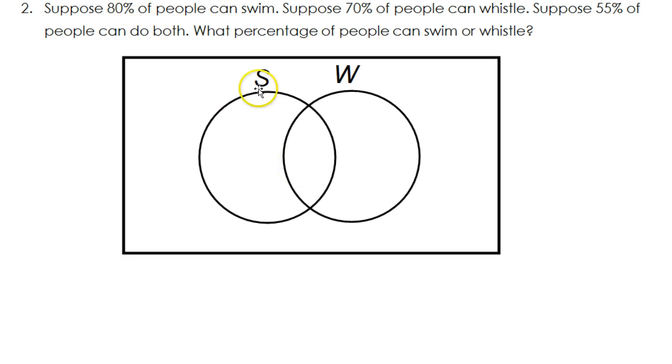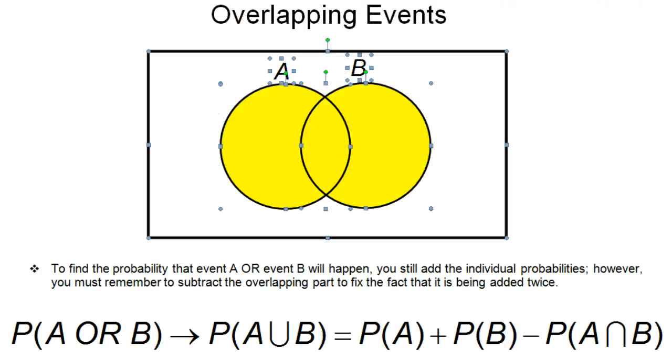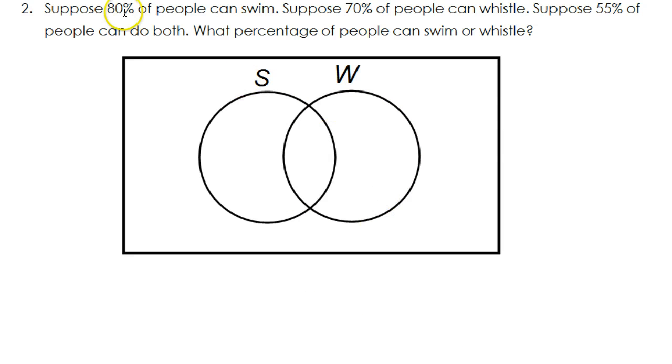Now, here's where the formula that we were talking about is really going to be helpful. These are overlapping events. So if I want the probability of A or B, the union, then I'm going to add the individual probabilities, but I have to remember to subtract the overlapping part. So that's what we're going to wind up doing on this problem right here.